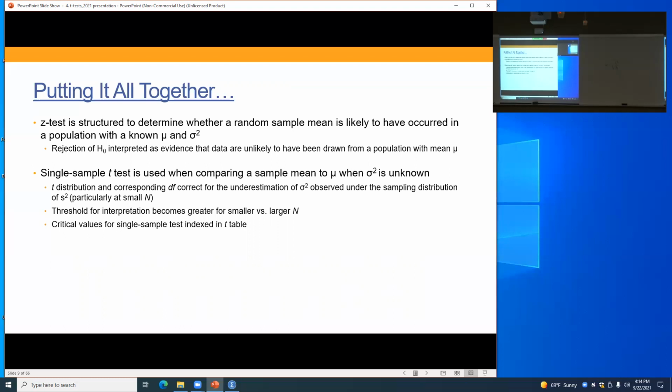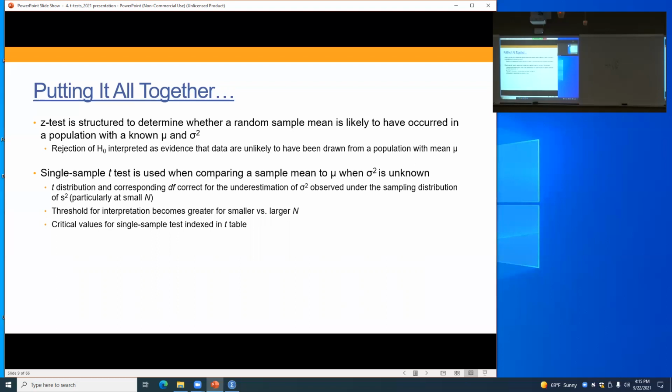The threshold for our interpretation becomes greater for smaller versus larger sample sizes. Our goalposts get farther out, and the requirement for our test statistic has to get larger and larger for us to claim an interpretable effect as our samples get smaller.